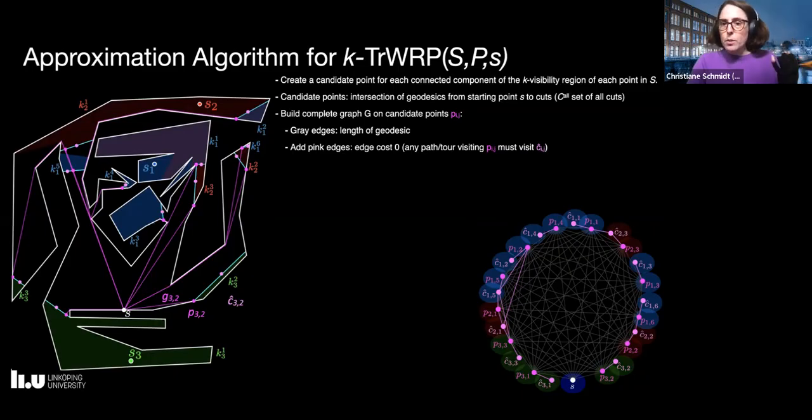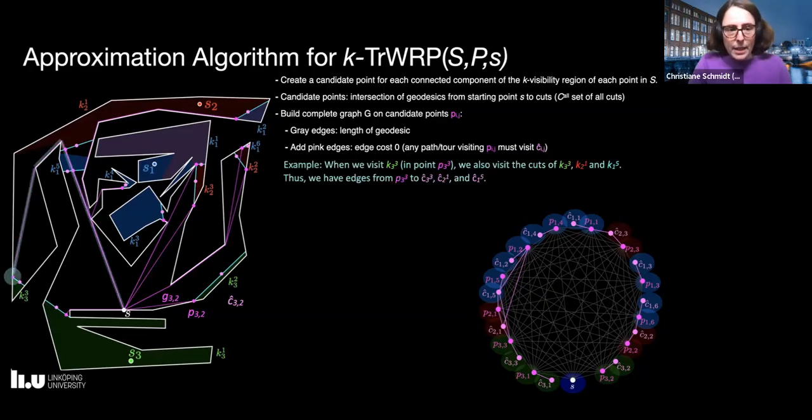cut in a point Pij, in one of these dark pink points, it might happen that on the way you're getting for free other cuts because you pass them. So these we get for free, as they have length 0. If you want to see an example, here on the right-hand side, if we visit the connected component K33, so the green point there, we also visit 2 other cuts.